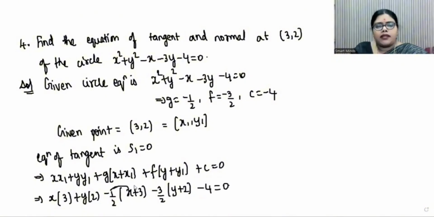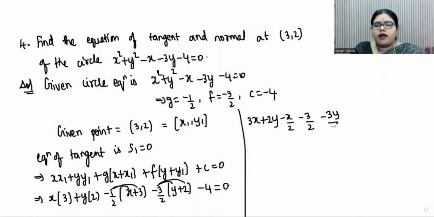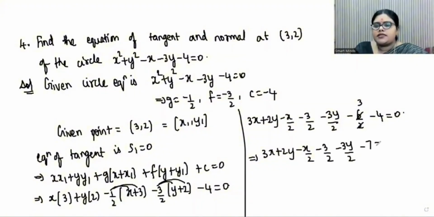Now let us multiply this inside and this also. So what do you get? 3x plus 2y minus x by 2 minus 3 by 2 minus 3y by 2 minus 6 by 2 minus 4 is equal to 0. Let us simplify this first: 3x plus 2y minus x by 2 minus 3 by 2 minus 3y by 2 minus 7 is 0.